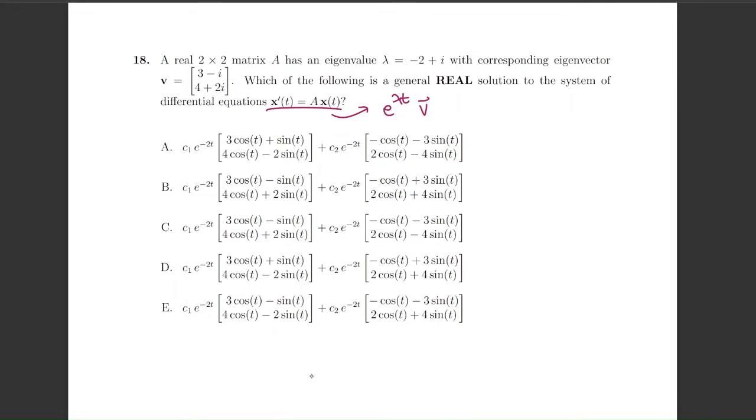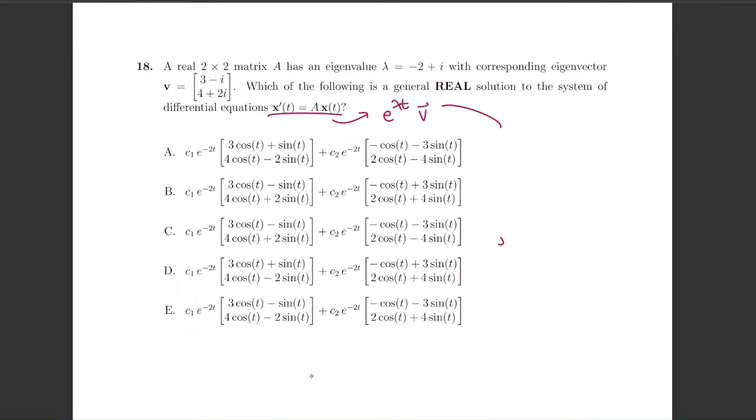So the strategy here is to just convert everything into sines and cosines. So for example, here we have e to the -2 plus i times t times 3 minus i, 4 plus 2i.